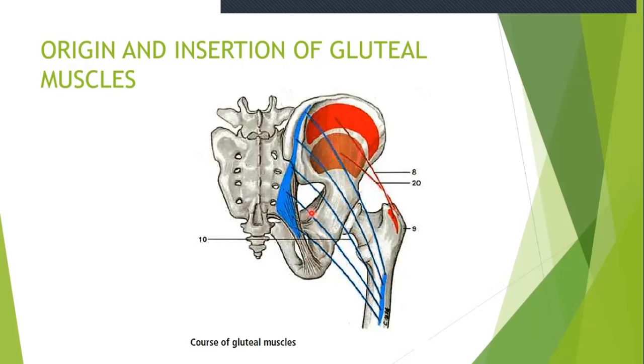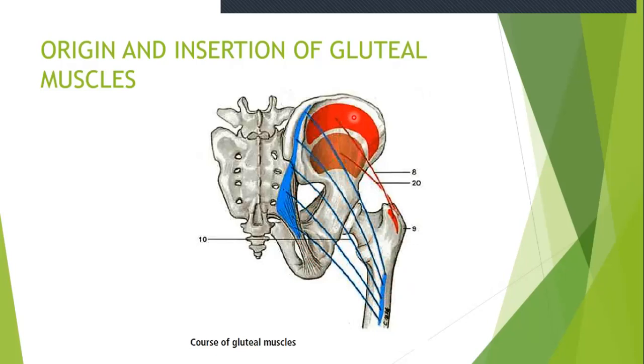Then its muscle fibers, these blue lines, usually slope at an angle of 45 degrees. A quarter of them will insert here, the gluteal tuberosity, and 3/4 will insert into the iliotibial band.